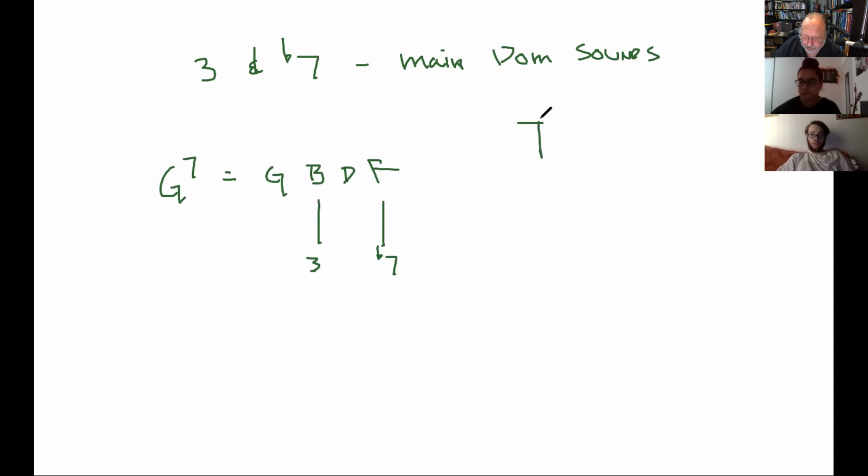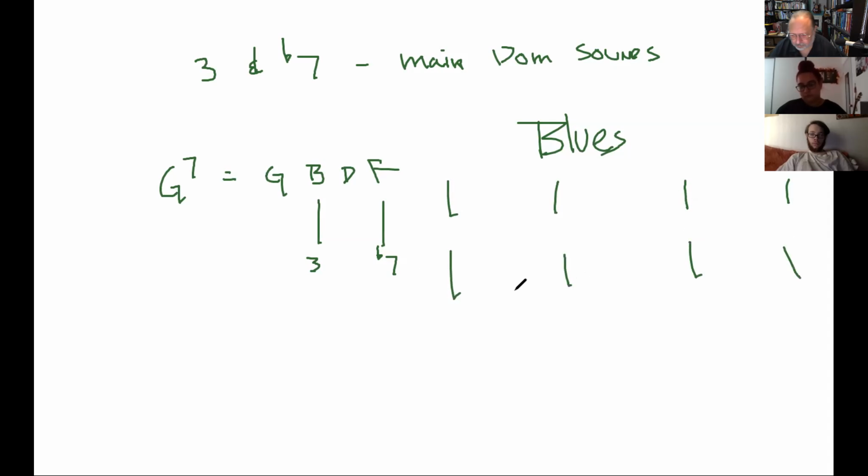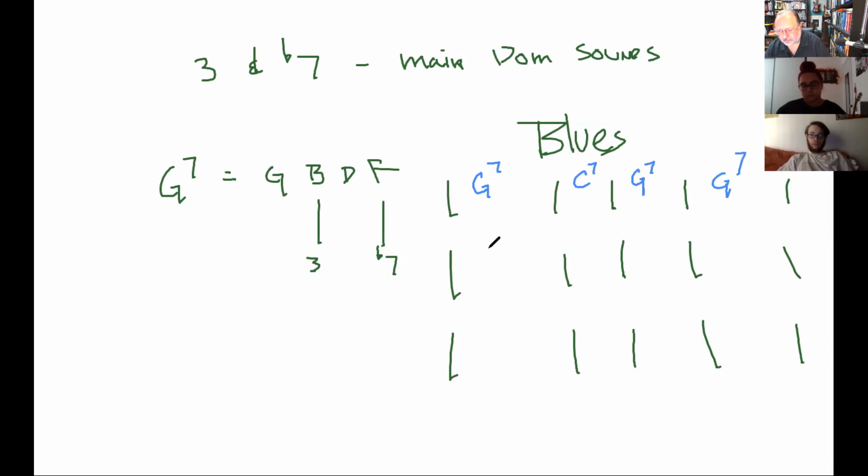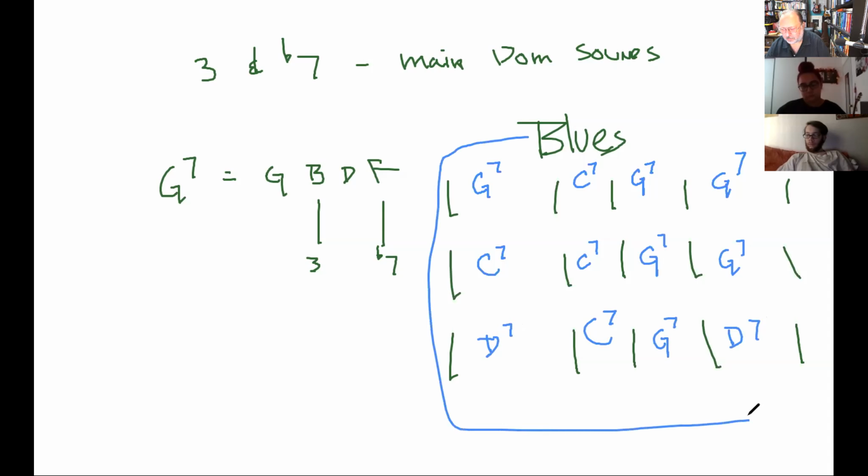So if you're playing a blues, okay, so for blues, we have a progression that goes G7 to C7.